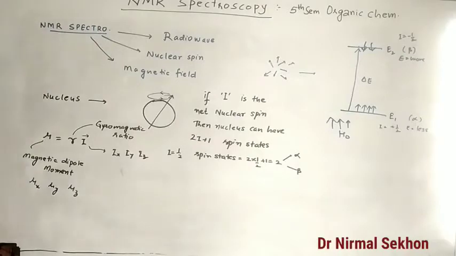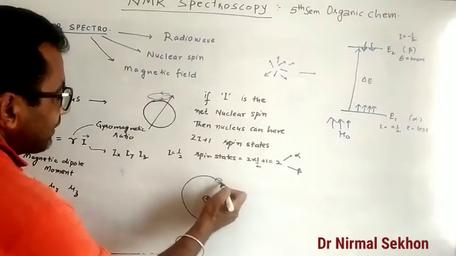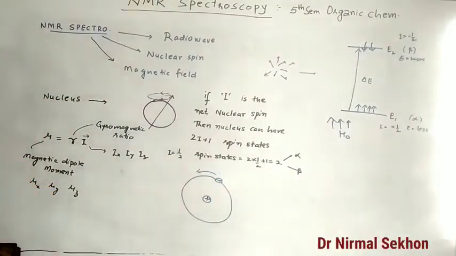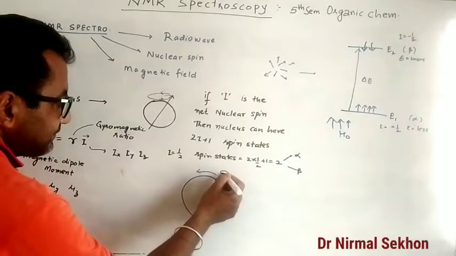When any proton spins, it generates 2 types of angular momentum. So this is a nucleus, and an electron revolves around the nucleus in this direction, and this electron also spins.